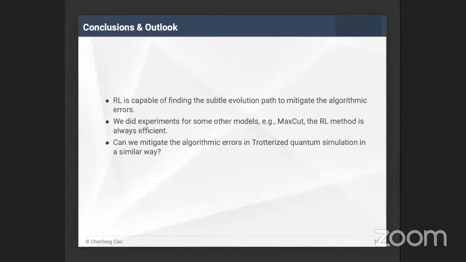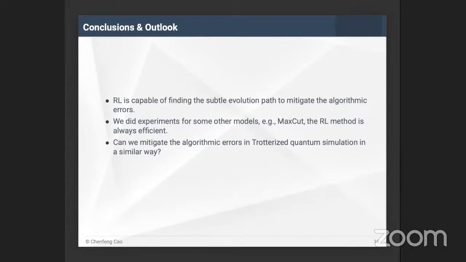Okay, some conclusions and outlook. In this work, we use reinforcement learning to steer QIT, and the agent is capable of finding the subtle evolution path to avoid error accumulation. The numerical results demonstrate a significant improvement. We also did experiments for some other models, such as MaxCut.